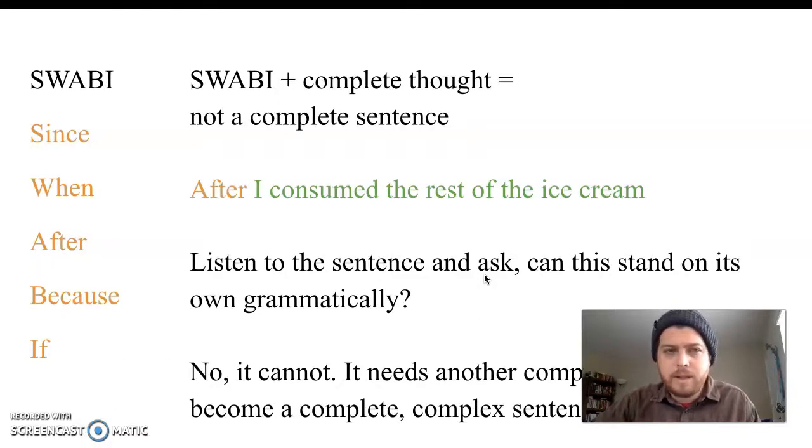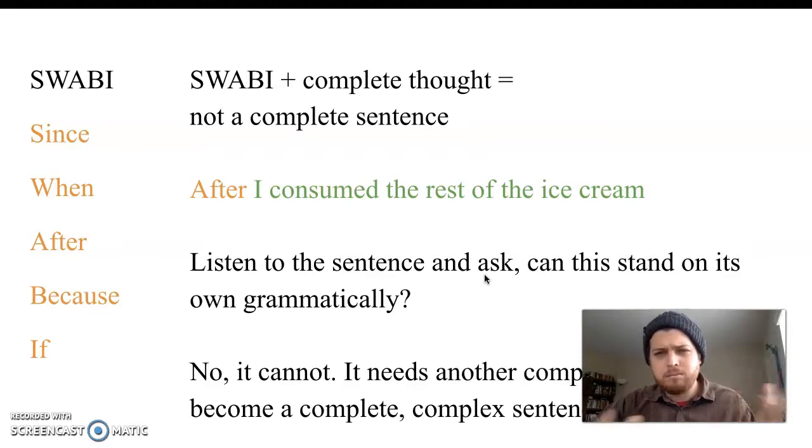So the SWABIes are on the left here: since, when, after, because, and if. There are more subordinating conjunctions than these that do the same thing, but these are kind of the main ones that you're going to be practicing on No Red Ink. So the example I wrote here is after I consumed the rest of the ice cream. So when we're dealing with complex sentences, we want to use our ear and think about, well, if I heard someone say this in English out loud to me, would it make sense?